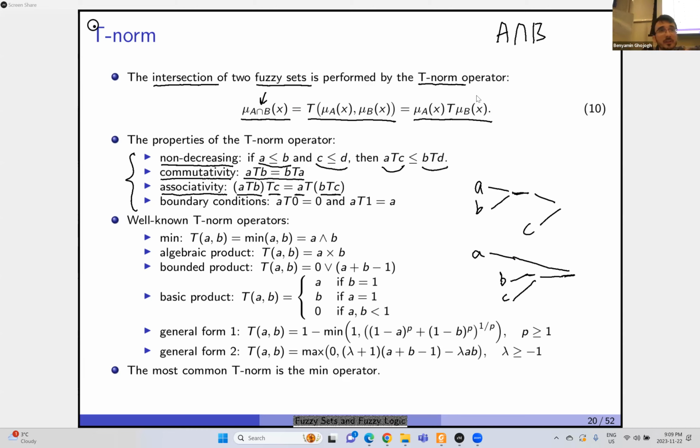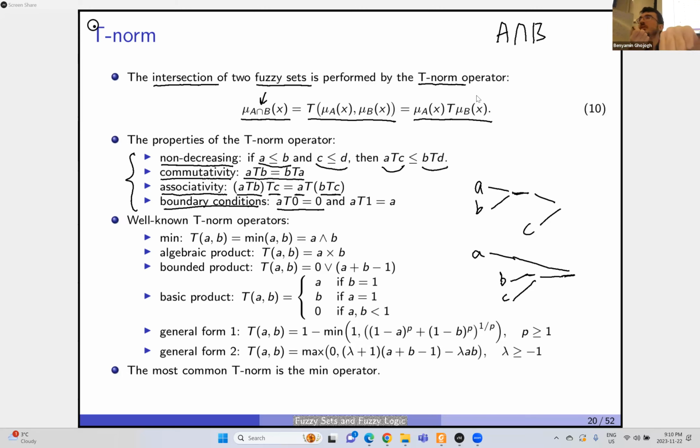Boundary conditions. What are the boundaries? False and true. Complete false, complete true. 0 and 1. Boundaries of membership, right? The boundary of fuzzy becomes binary, crisp. So the T-norm of A and 0 should be 0. I think it's obvious. Why? Because it's an intersection.